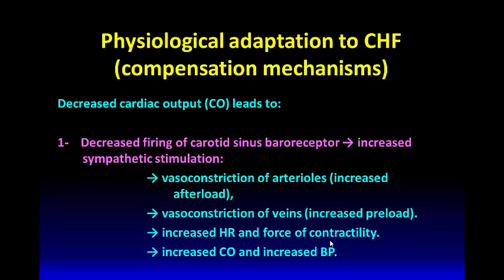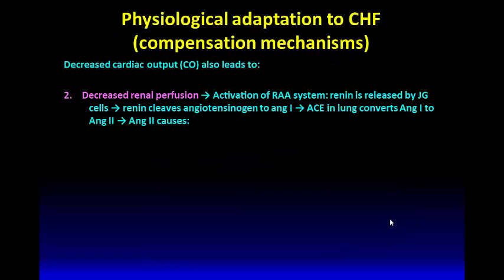However, the afterload has increased, and this is not good for a failing heart. The preload has also increased, and this is not good for the failing left ventricle as well. Other compensatory mechanisms include the decreased renal perfusion, which happens when the cardiac output is decreased, activates the renin-angiotensin-aldosterone system.